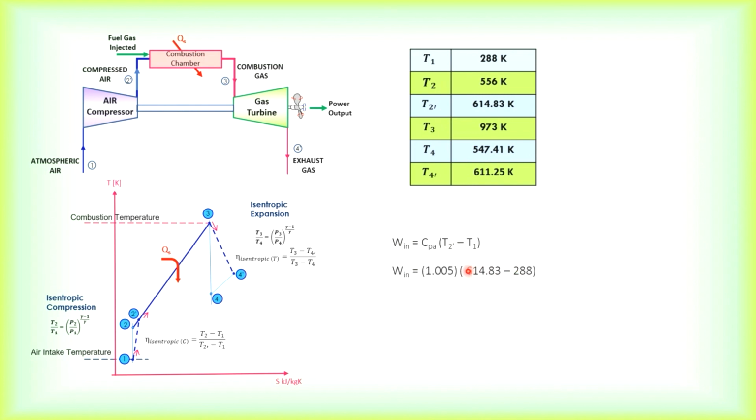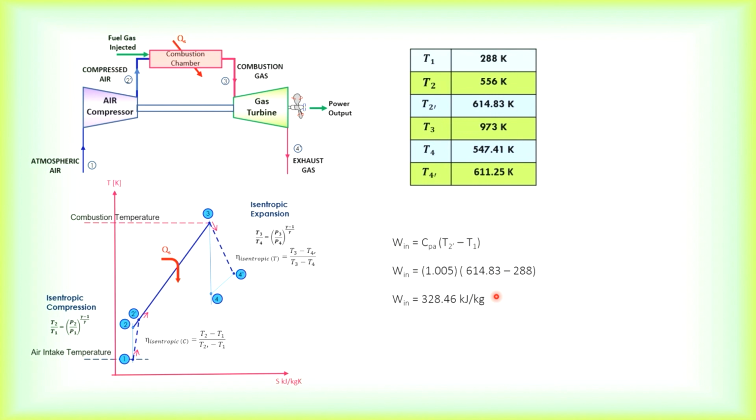Now how H is related to CPT, that you have to study in other chapters, which we call general relationship for thermodynamic properties. So CPA is 1.005, T2 prime 614, which we have found, 288 is given. So you'll be able to find out the work in.